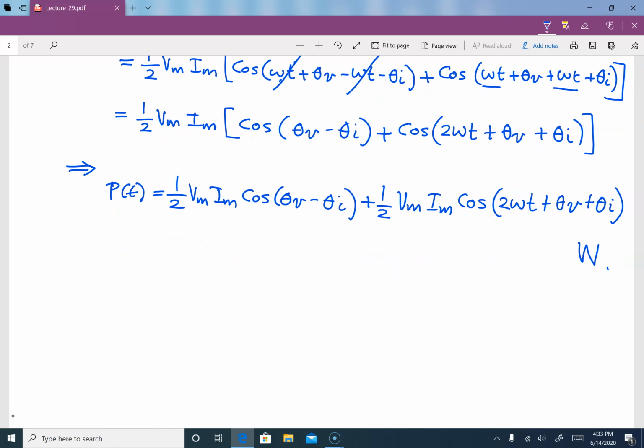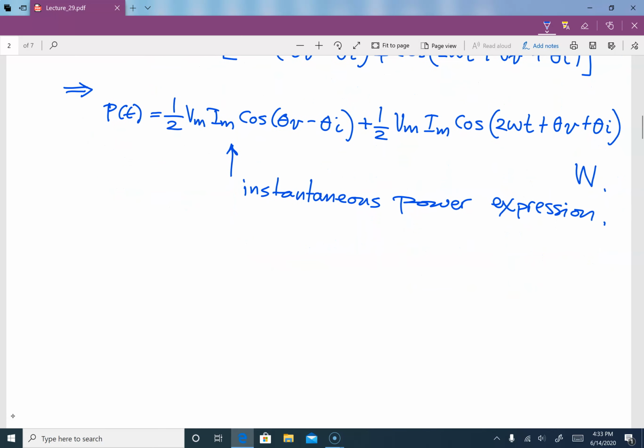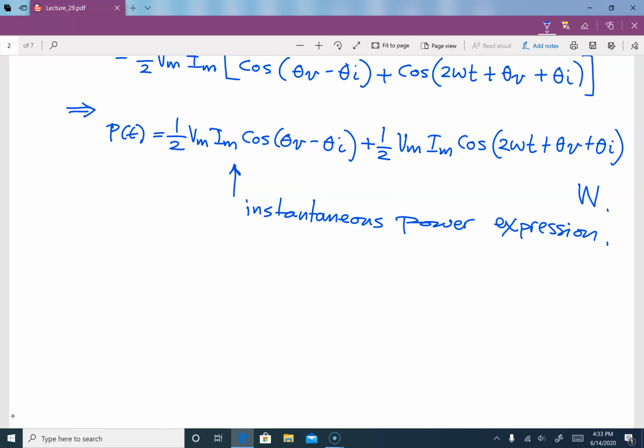This is the expression for the instantaneous power. The reason we say instantaneous is that the expression has a term t, which means we can find the power at any instant of time.